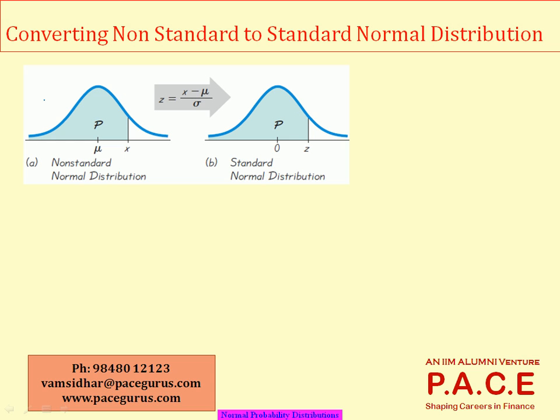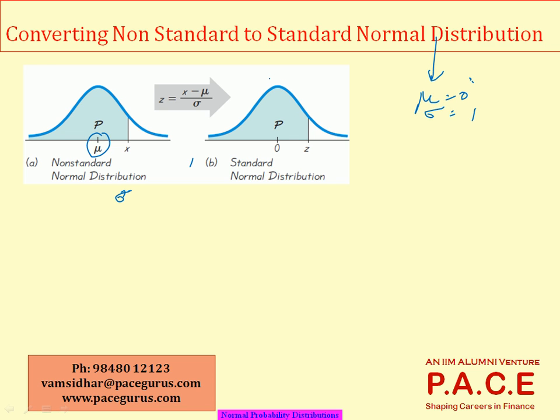If you have a normal distribution which is not standard, which means it has a mean of mu which is not 0 and some standard deviation sigma, how do you convert it into a standard normal distribution? A standard normal distribution is the one with mean equal to 0 and sigma equal to 1.